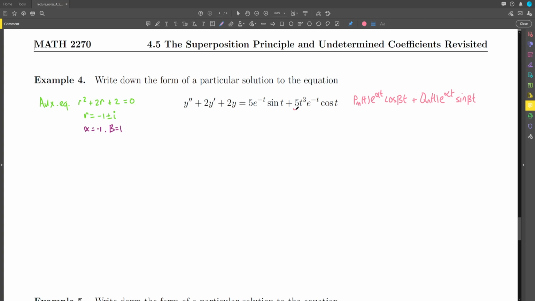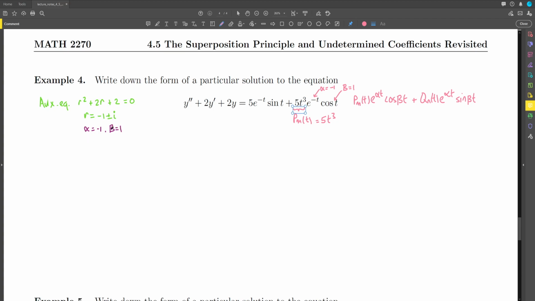We see that this factor right here, that's our p m of t, and that is 5t cubed, right? The p m of t is the one in front of the cosine. And then right here, we see that alpha equals negative 1 and beta here equals 1.